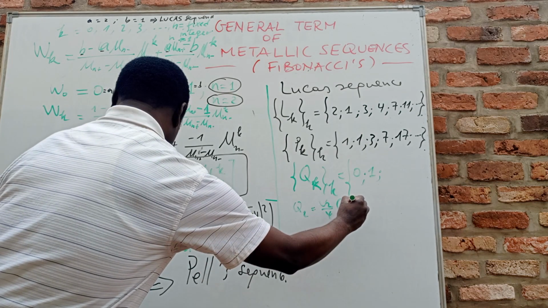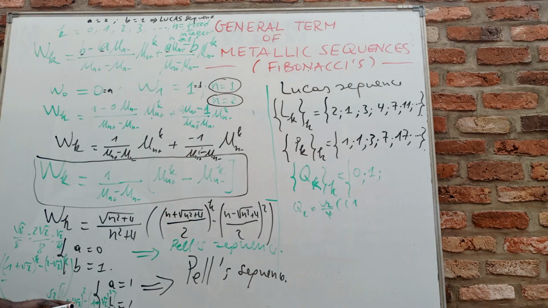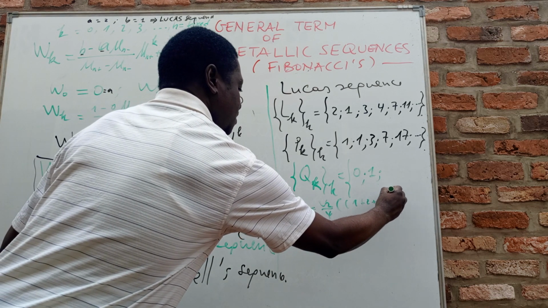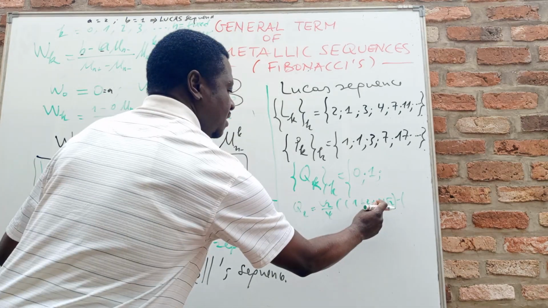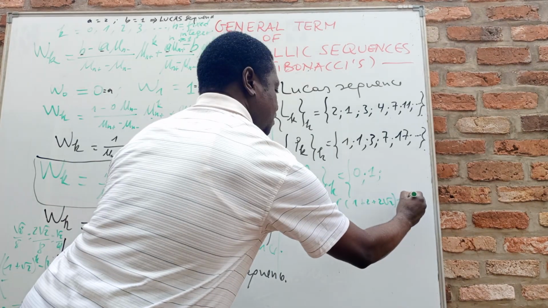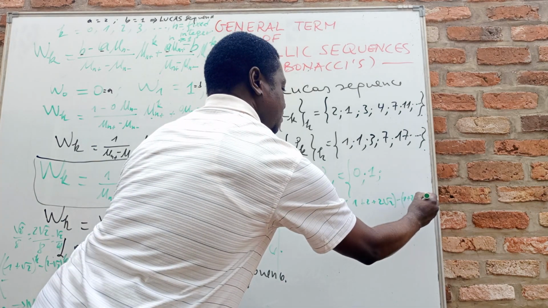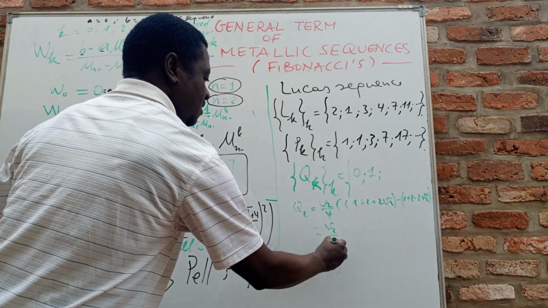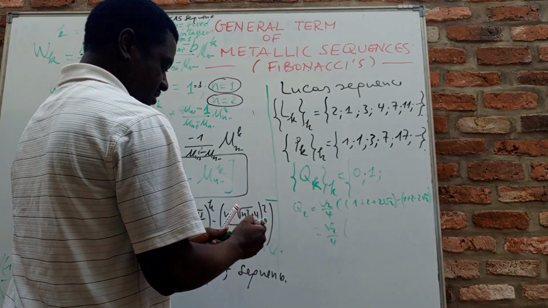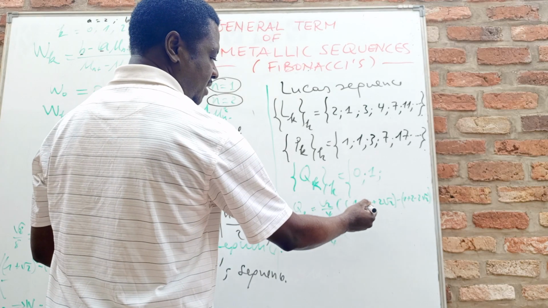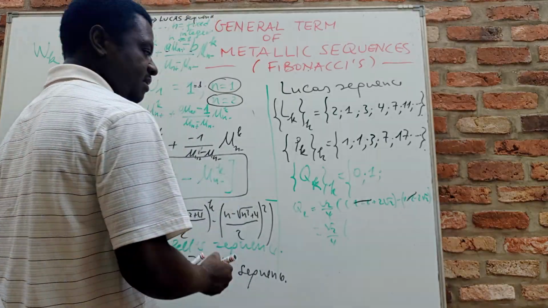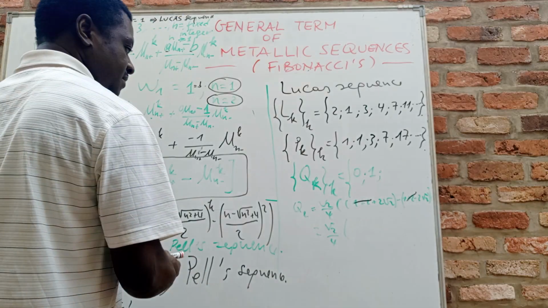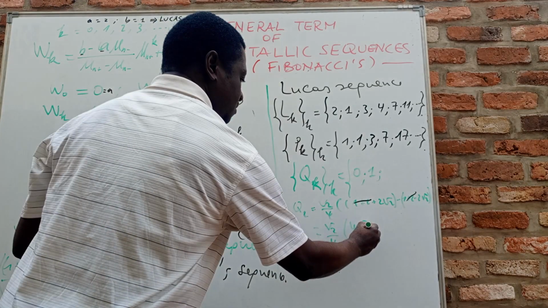Now here we have 1 plus square root 2 power 2 is going to be 1 plus 2 plus twice square root 2. Now minus, here I have 1 plus 2 minus 2 square root of 2. Okay, in this case we are going to have square root 2. So these integers will cancel, and these square roots will double to 4 square root 2.